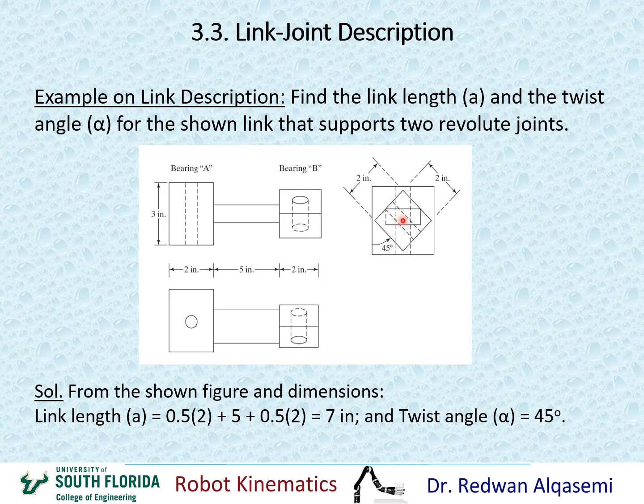The angle between the axis of bearing A and the axis of bearing B about this dot, which is the common perpendicular between these 2 axes, would be 45 degrees. So the twist angle alpha would be 45 degrees.